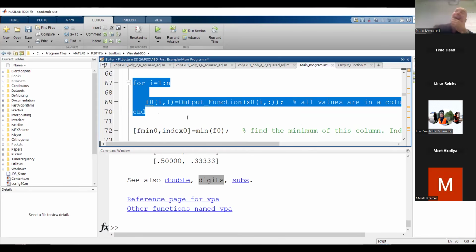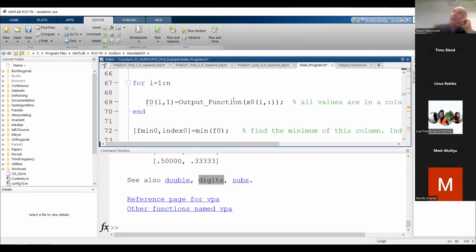What I'm doing here, I know the for loop, but this time just for each particle. What I do here, I call my output function. Do you remember this paraboloid in 2 dimensions?